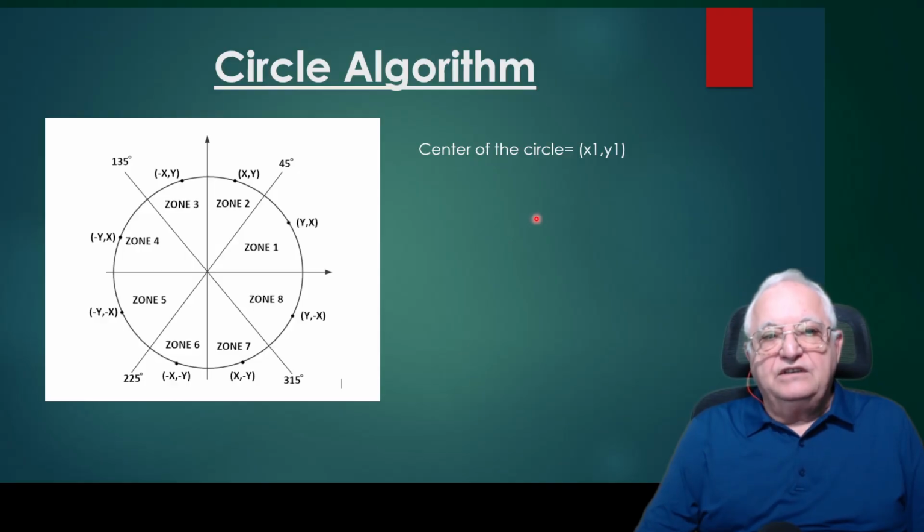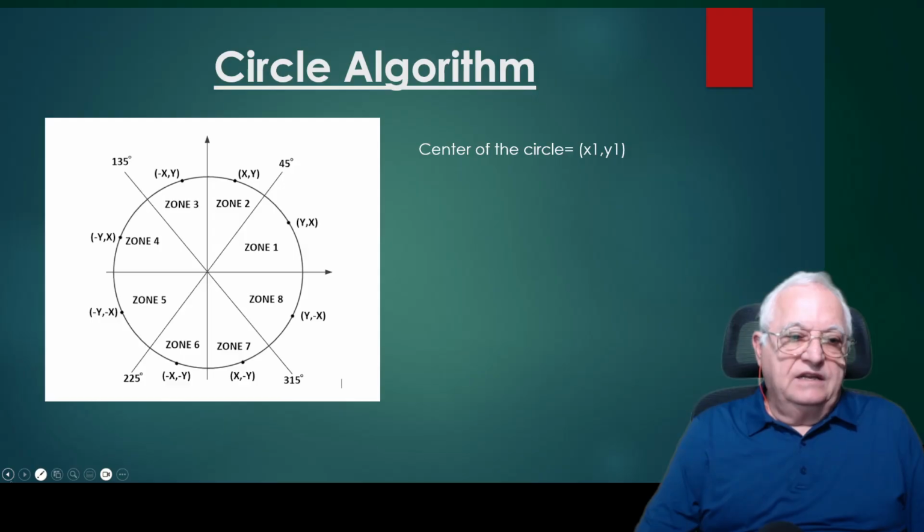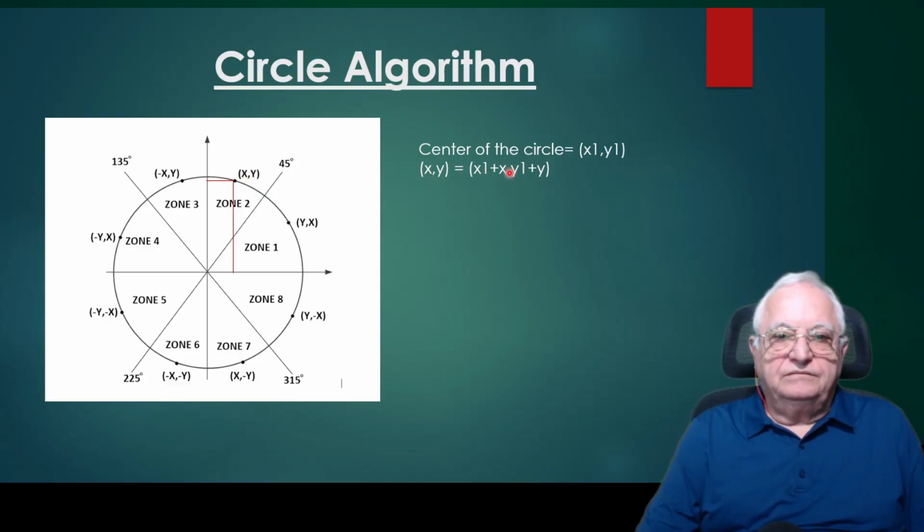If the center of the circle is x1, y1, which is at this point, then the x, y location of the points we have to draw is going to be x1 plus x, that's this point here, and the y is going to be y1 plus y.